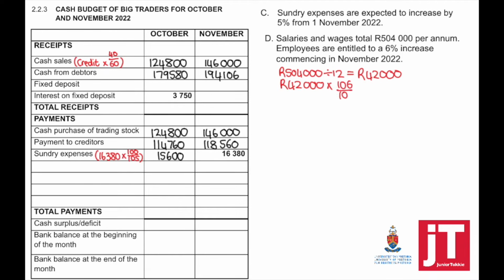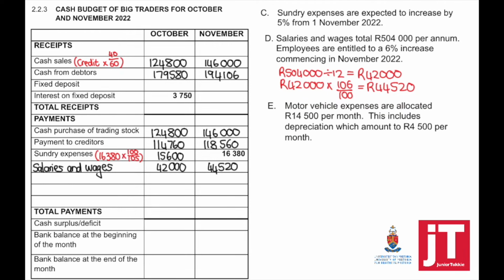Then 42,000 times 106 divided by 100 will provide us with the salary amount after the increase. So when is this happening? This increase is happening from November, which means that the salaries and wages for October will be 42,000 and for November 44,520.